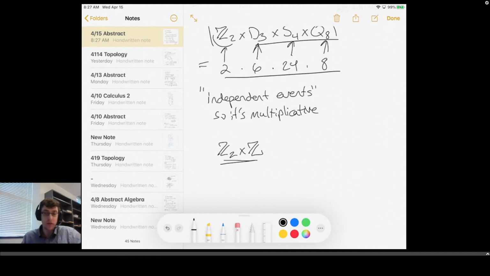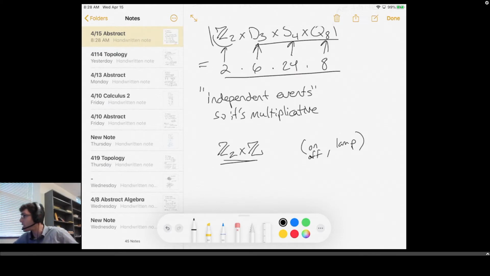This is a little bit different, but if you had infinitely many things, you're walking across an infinite street of lamps, and you look and check to your left, and you see whether this is off or on. That would be how you would see a Z2 cross Z, where your first coordinate is on or off, and your second coordinate is which of the infinite street lamps you're at. It's just numbering them in each direction.